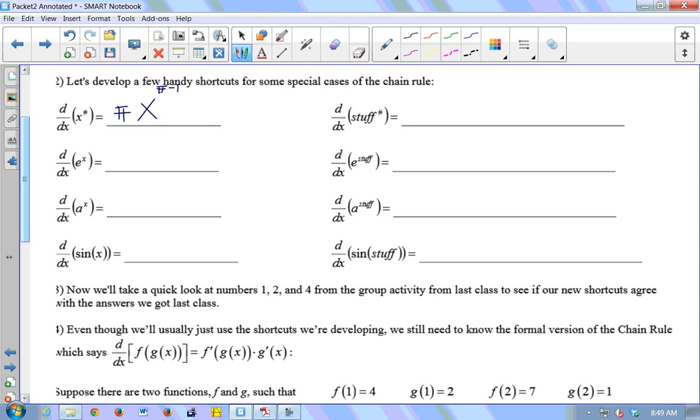The equivalent rule with the chain rule applied is, if instead of x I want the derivative of some stuff to a number, I bring the number down in front, times my stuff to the number minus 1, but then I have to multiply by the derivative of the stuff.